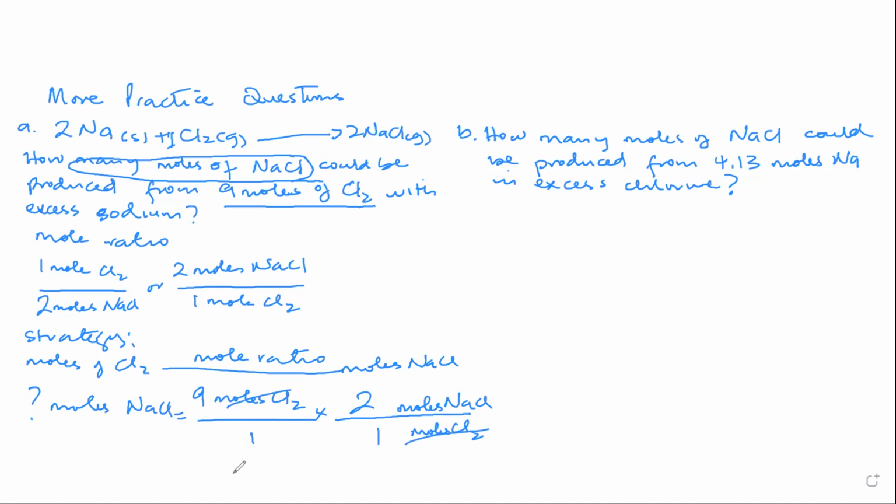We cross this out, and that will be equal to 18 moles of sodium chloride. Then you want to put it in scientific notation: 1.8 times 10 to the 1 moles of sodium chloride.